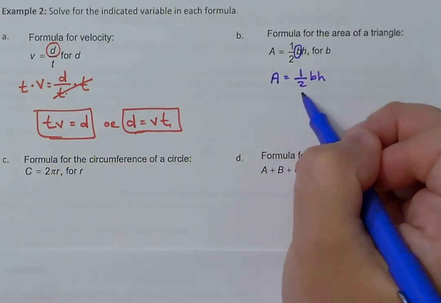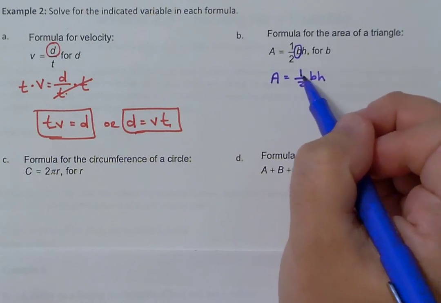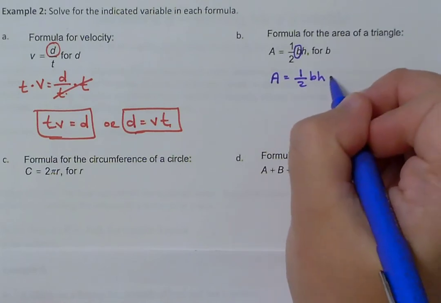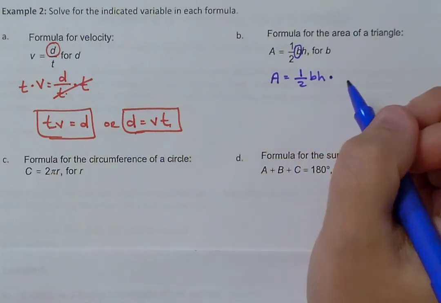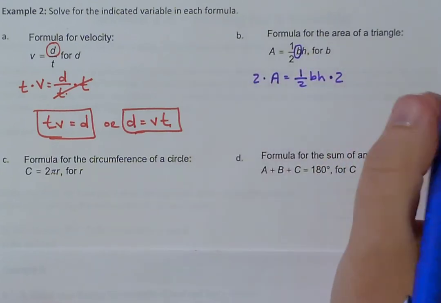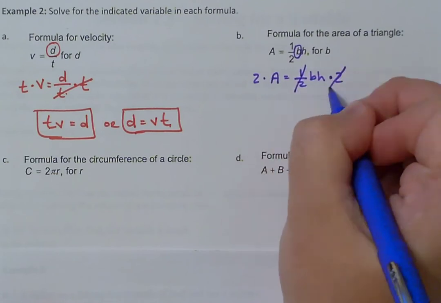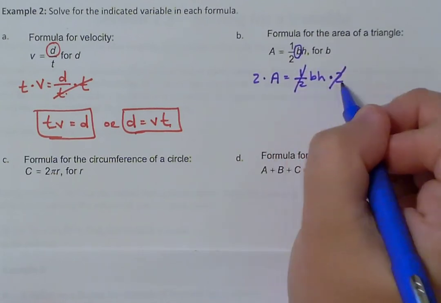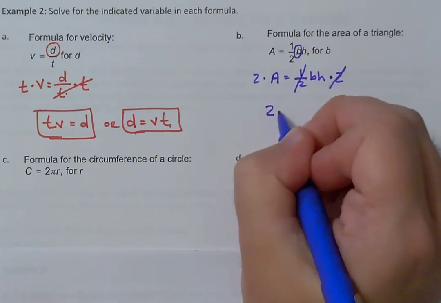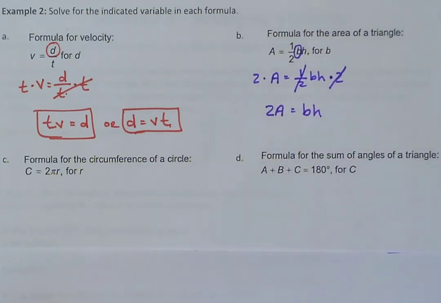This 1/2 implies dividing by 2. So the opposite, to get rid of this fraction of 1/2, is to multiply by its reciprocal, which is 2 over 1, or 2. So we're going to multiply 2 to both sides, which cancels out the 1/2 and the 2, because 1/2 times 2 is 2 over 2, or 1. And then on the left, I get 2A equals bh.